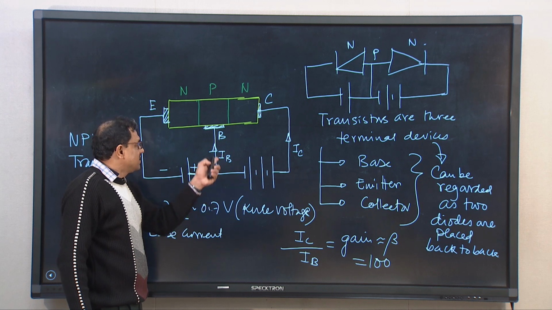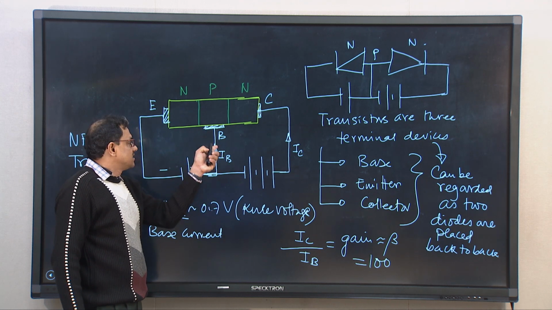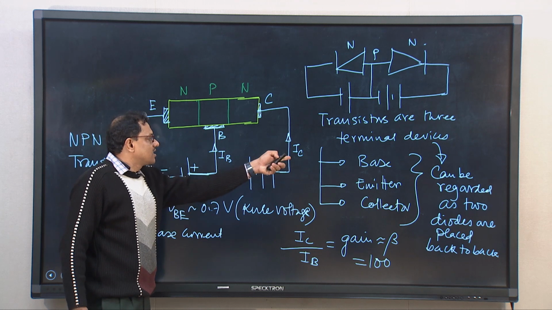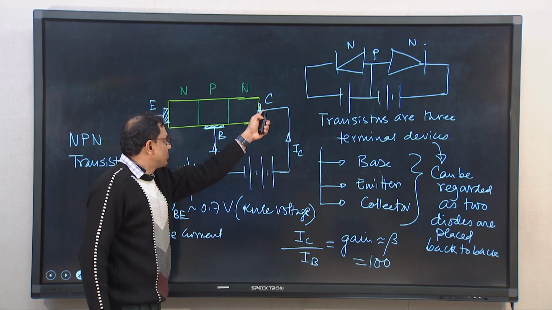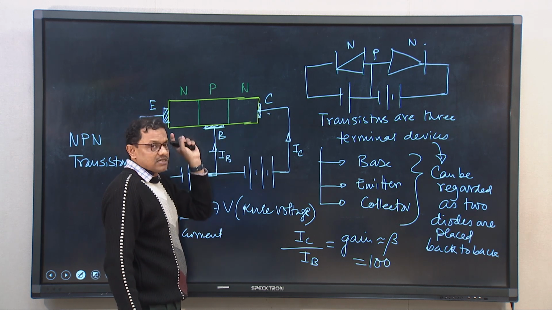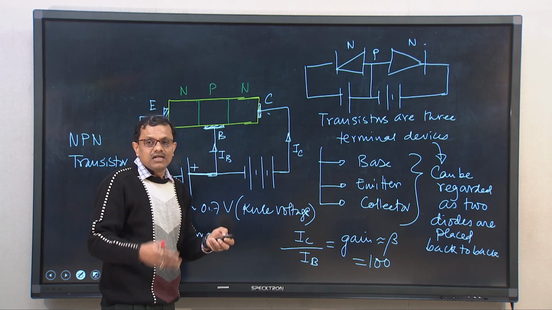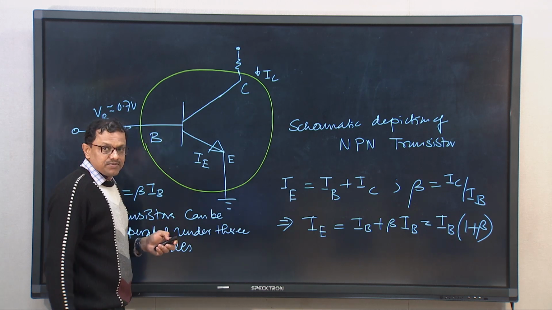If it is 0.7, then a small current will flow base to emitter, and that small current will allow a large collector current to flow from collector to emitter, because the collector terminal is positive with respect to the base terminal. That is basically the active or linear region, that is IC is equal to beta into IB.